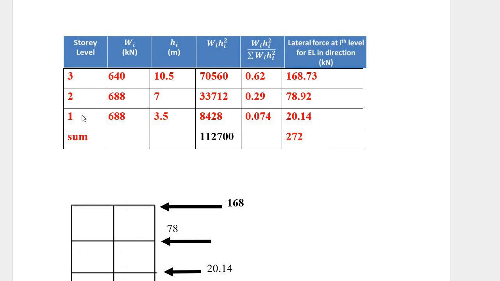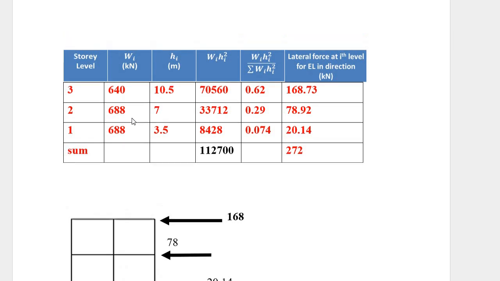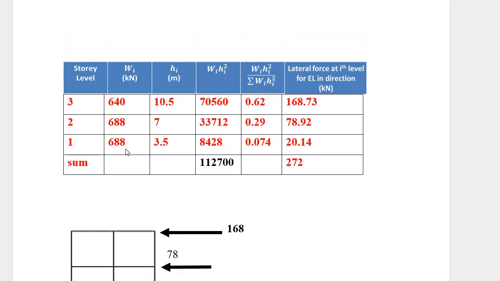I have written from the bottom as 1, 2, 3, and the weight is important here. From the bottom, dead load plus live load is 688. Again, next story it is dead load plus live load 688, and at the terrace only dead load is present. So 640 I have written.